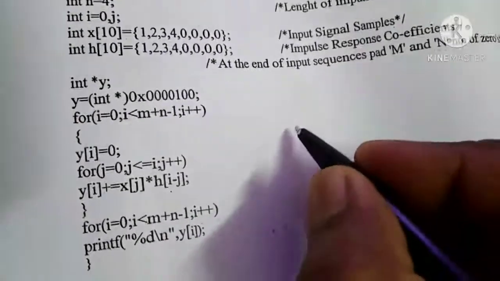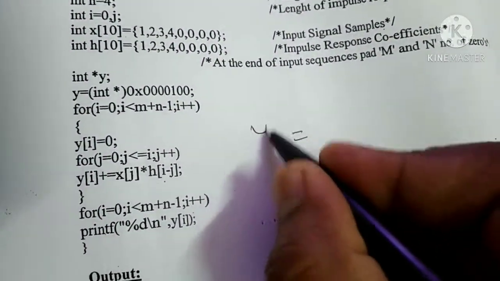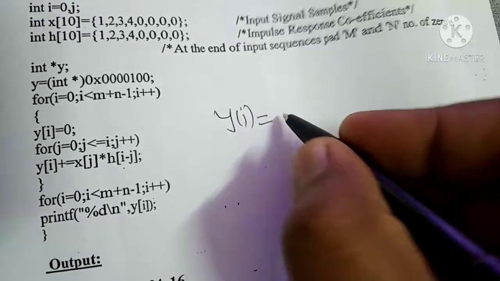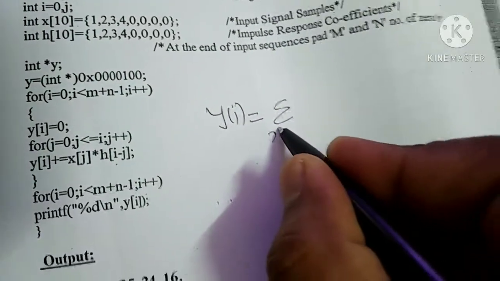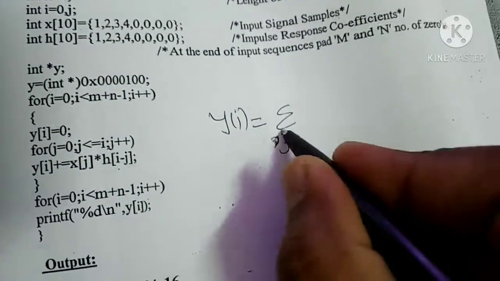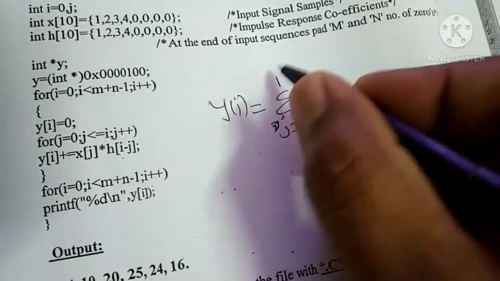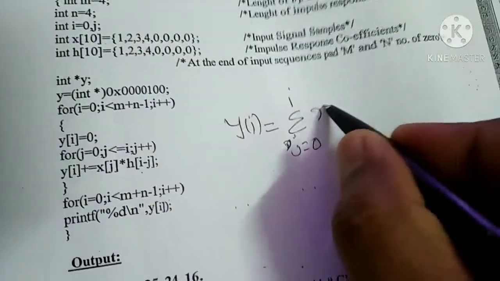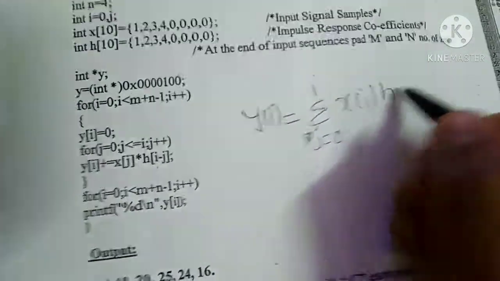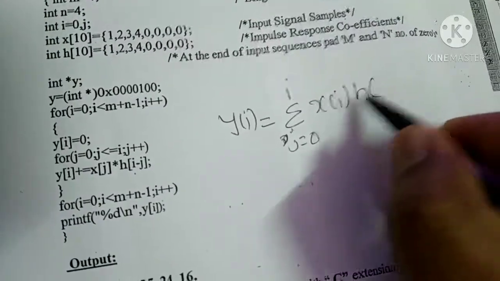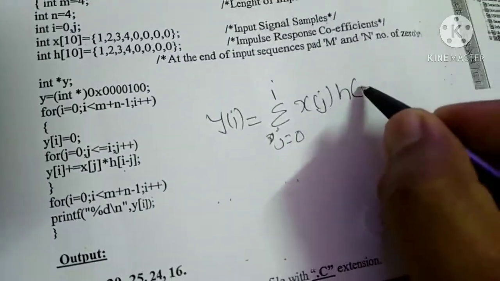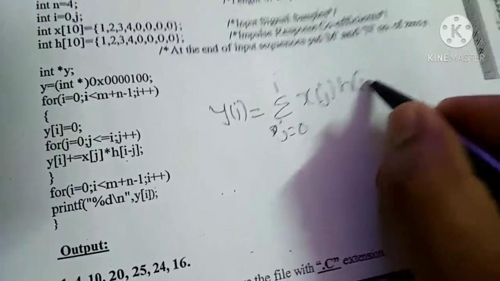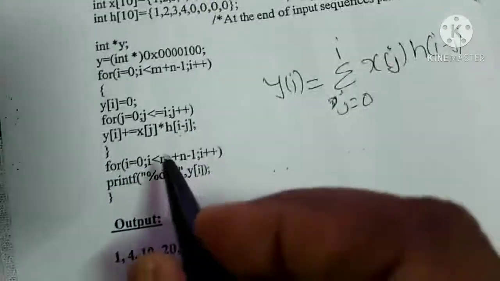Here you may see that there is a formula for linear convolution: y of i is equal to the summation over j from 0 up to i of x of j into h of i minus j. The same thing we have written.